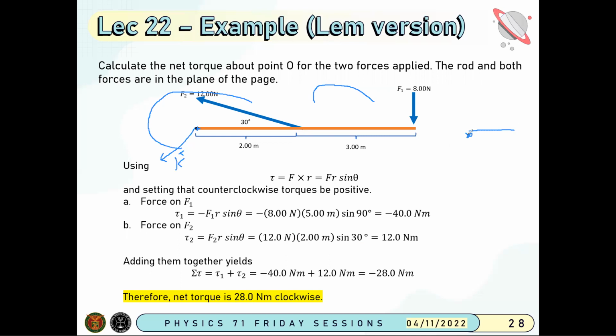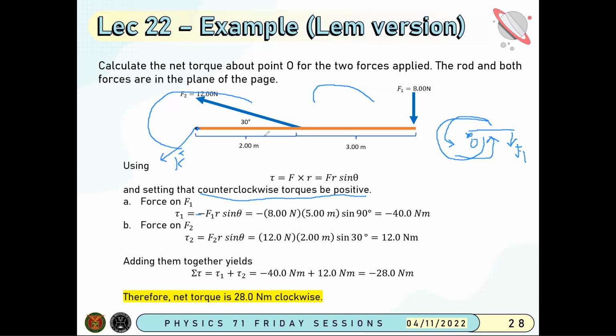Ito yung pivot point. Ito si F1. If we consider yung mga ikot na pag ganito ay positive, makikita natin pagdating dito, si F1 ay opposite ng ikot. Right? So, counterclockwise, torques are positive. Then, yung F1 will be directed opposite of that counterclockwise. So, kaya negative yung sign nito.